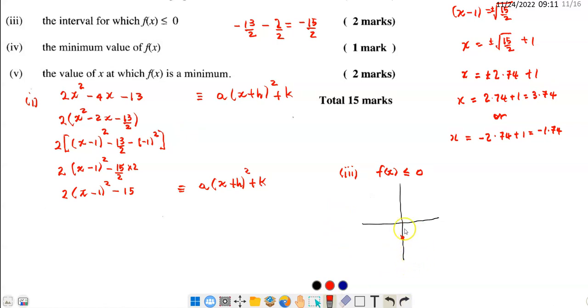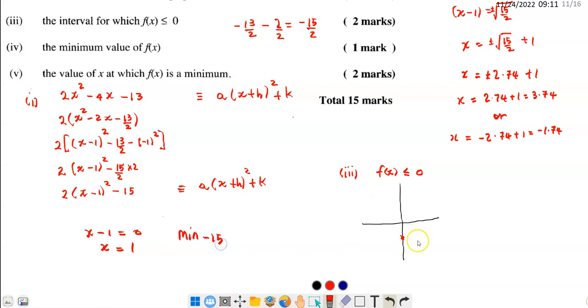Okay, and we know that when x minus 1 equals 0, we get x equals 1, that is the line of symmetry, and we know that this is the minimum. So that's the minimum, -15.